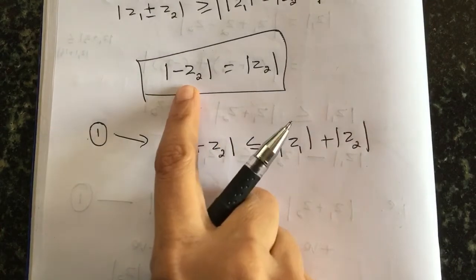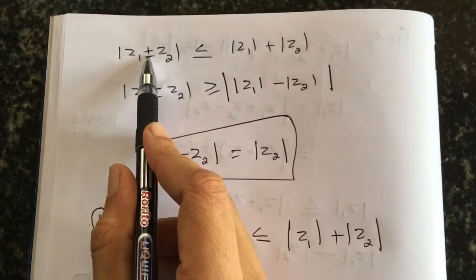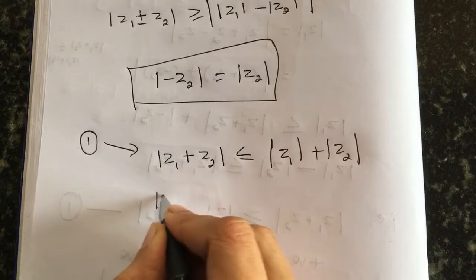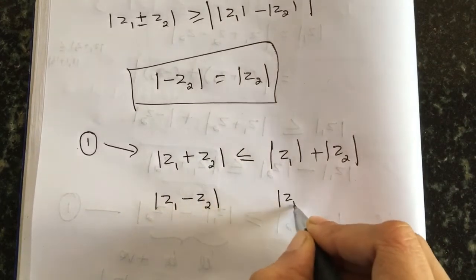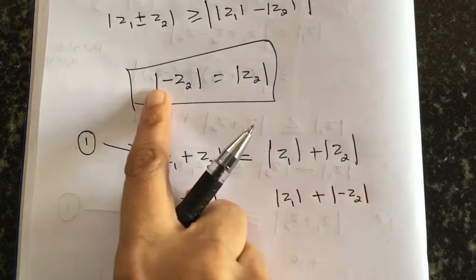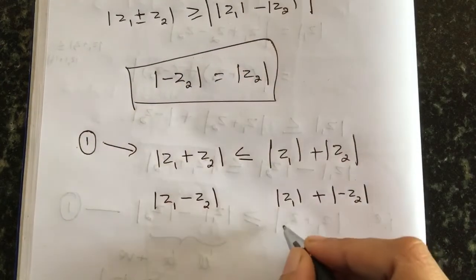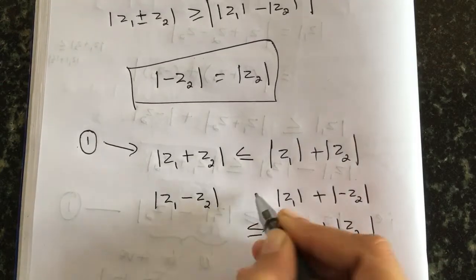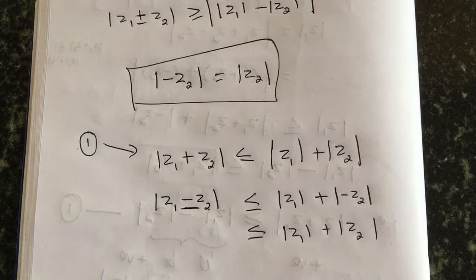So when I replace z2 by minus z2, for this negative case, I'm just replacing z2 with negative z2, right? When I do that, this will be mod z1 and this will be mod of minus z2. But modulus of minus z2 is same as mod z2 only. So this will remain as it is. So this is even true when you replace z2 by minus z2.